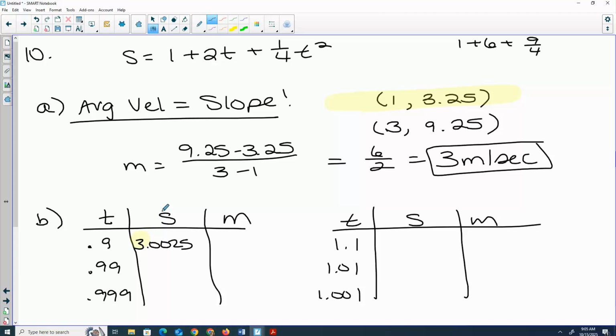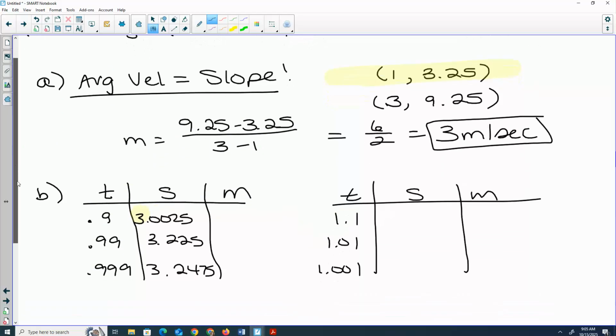If I did 0.99, I get 3.225. And 0.999, I get 3.2475. Do you guys know where I'm getting those?